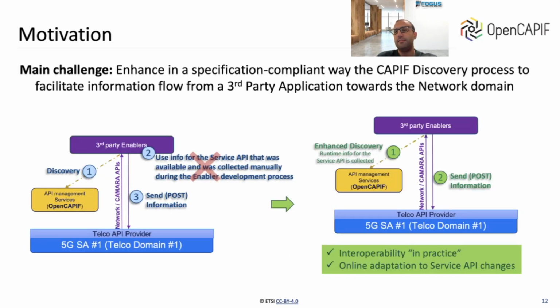This intermediate step was a key point for us to try to find a way to enhance the CAPIF discovery process by giving the Discover API of the CAPIF the capability to return all the necessary information to the invoker, both the connectivity information and the body structure information.